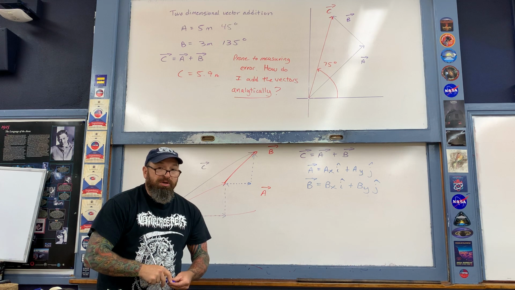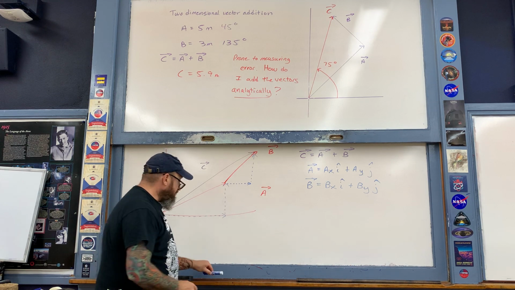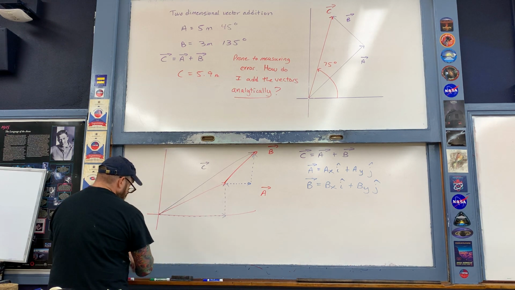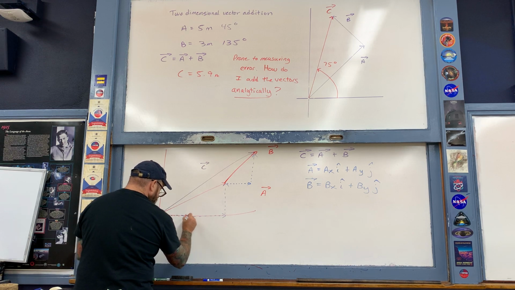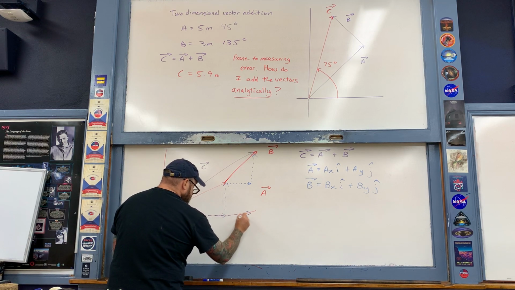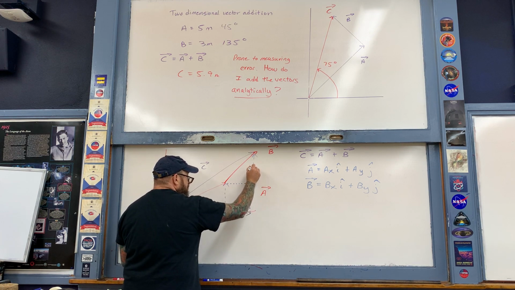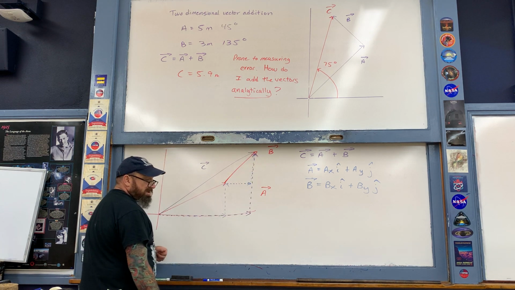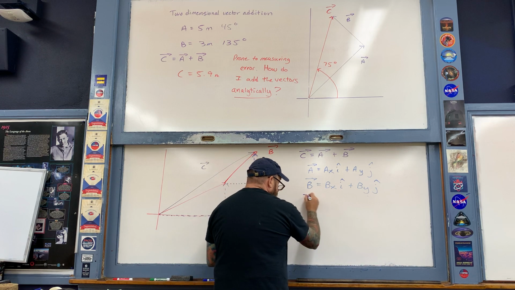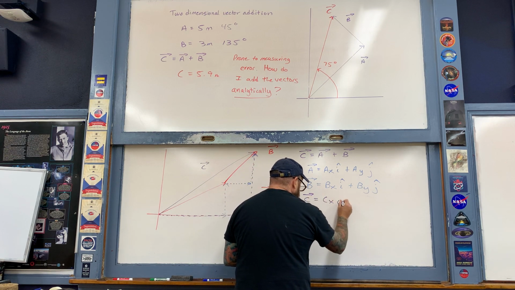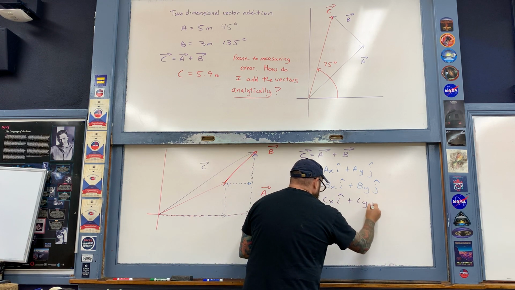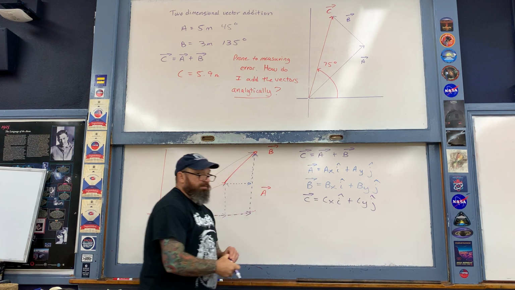And now just look at the purple vector C all by itself. Right here, along the x-axis, is the component C sub x. Right here, along the y-axis, is the component C sub y. So in component form, the vector C is C sub x i hat plus C sub y j hat.